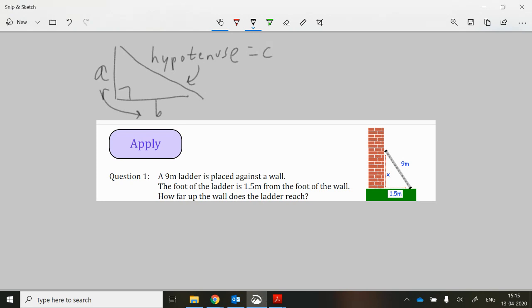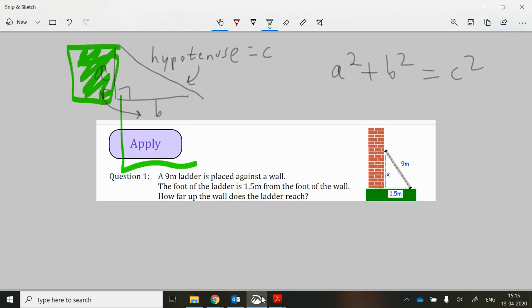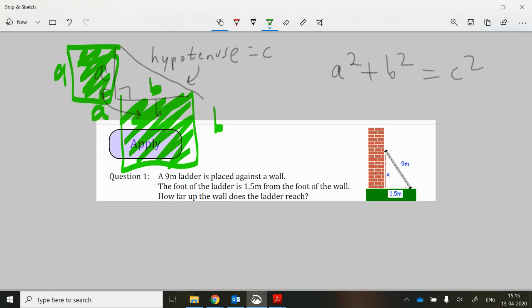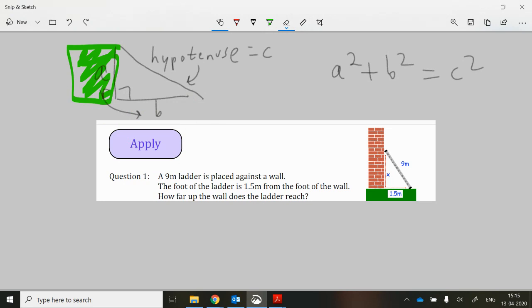The theorem is that when you do A squared plus B squared, you get C squared. That is to say, if I drew a square on each of the shorter sides, they'd have the areas B times B and A times A. If you put those 2 squares together, you would get the area of the larger square, which has the length C times C. Let's get rid of all of that for the moment.